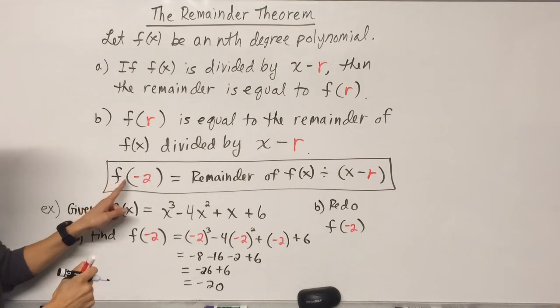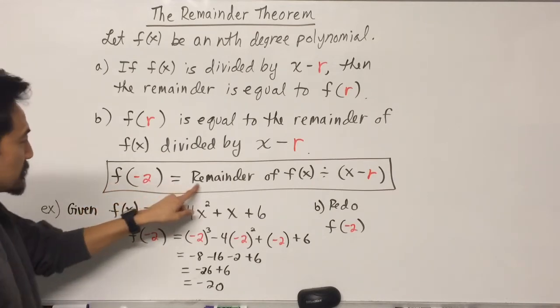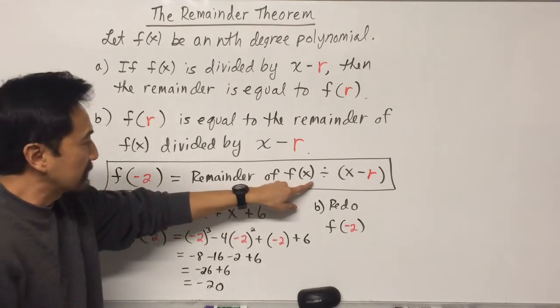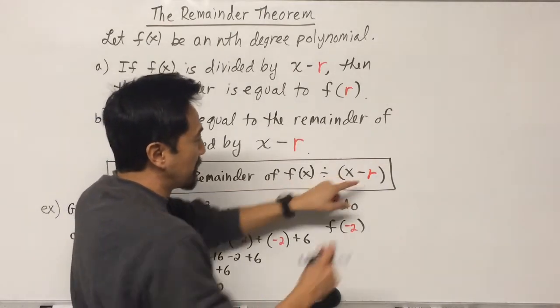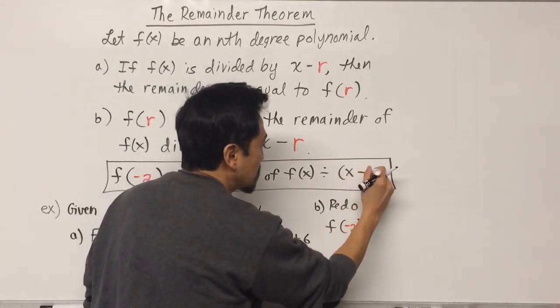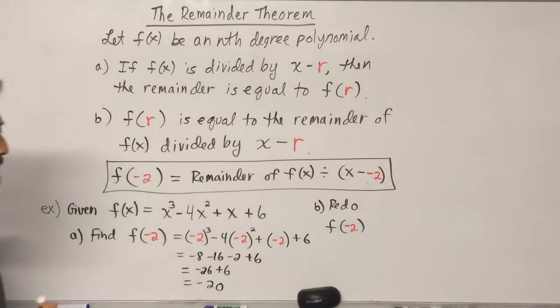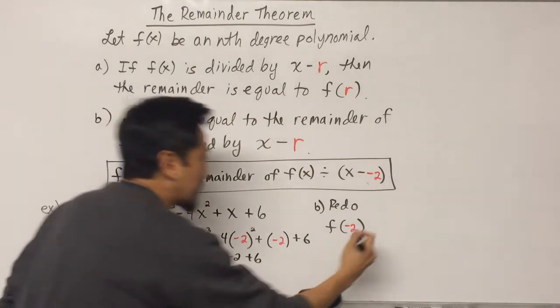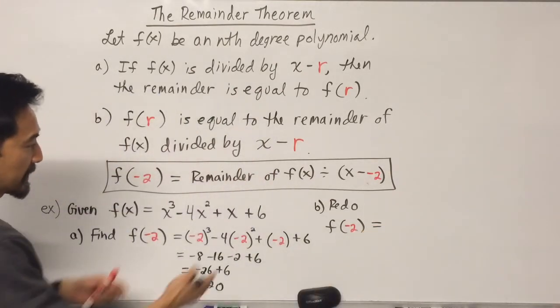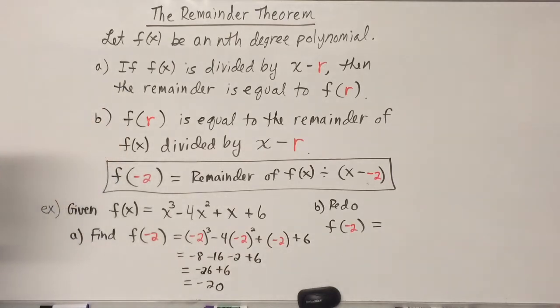So if I want f of -2, that's equal to the remainder of f of x divided by x minus a negative 2. Okay? So you need to get the answer by performing a synthetic division.